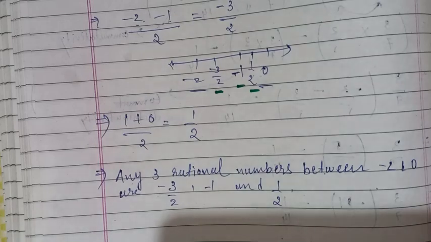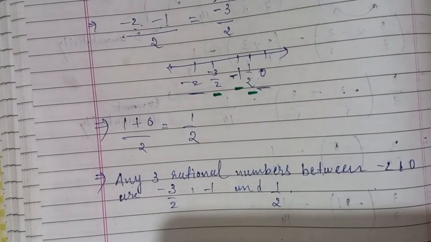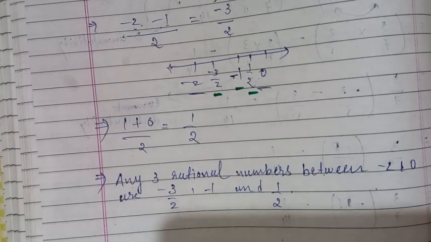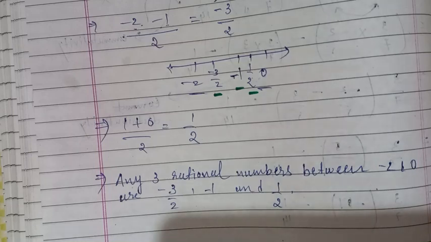In previous examples 6 and 7, they do not use the mean process, but in example 8 they use the mean. By taking the mean they find the rational number. So you do not need to remember which process to use for which question. See the main question, what you are being asked.